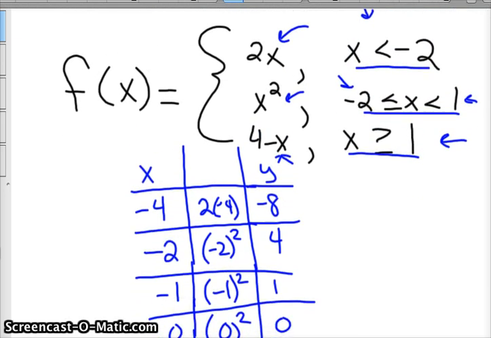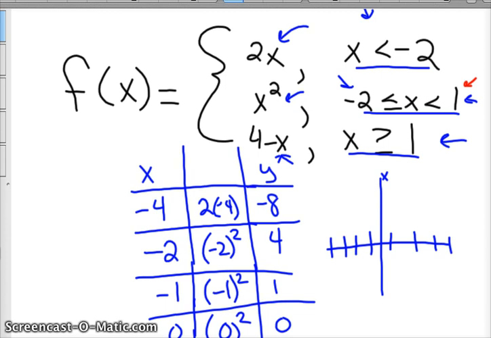So if I were to graph this, I'm just going to give you a rough sketch. And we're going -1, -2, -3, -4, 1, 2, 3, 4. Essentially what's happening, and I'll start with the middle part, from -2 to 1, you're going to have a quadratic, where 0 is 0, -1 is 1, and -2 is 4.